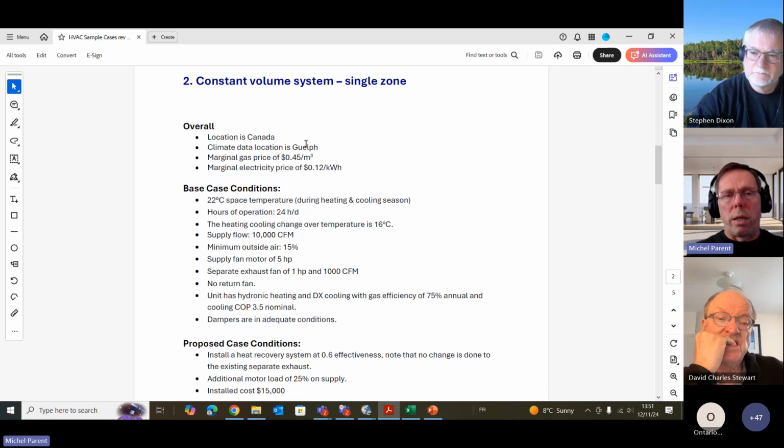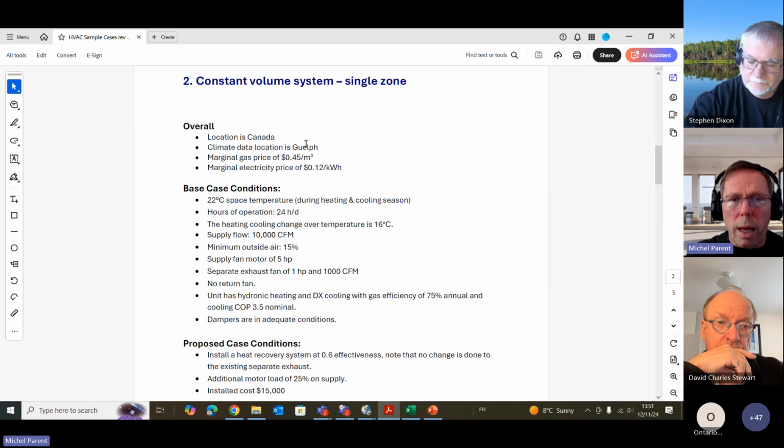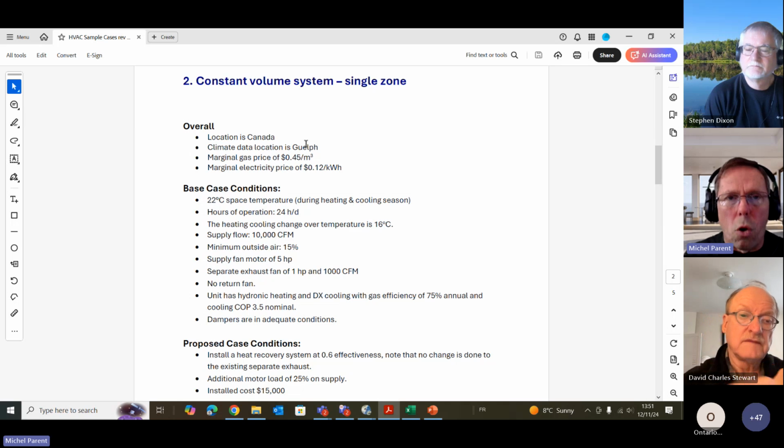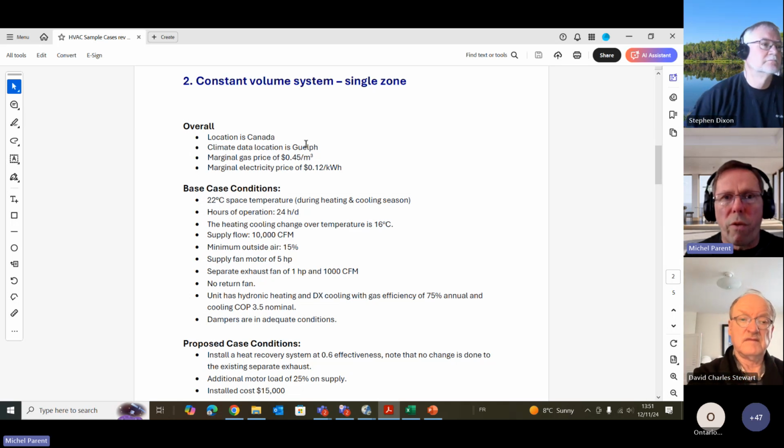That's the way to detect that you've got this constant volume single zone system. The room thermostat controls your heating and cooling coils in your air handling unit. So it's not what I called a cold deck system. You probably remember from the first session, it's a switch over system.